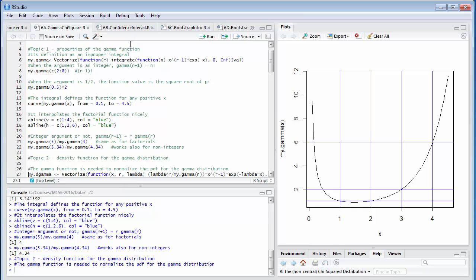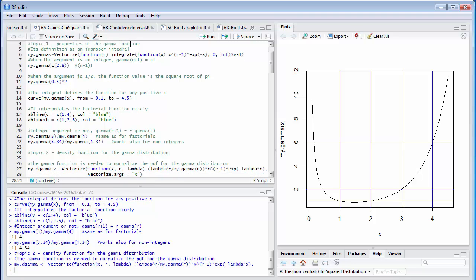Then that gets multiplied by x to the r minus 1 times the exponential of minus lambda times x. And I am going to vectorize this so that I can make plots of it, but I have to specify that the argument for which I want it vectorized is the one named x. Don't worry about the subtleties of these vectorized functions that you define in R.